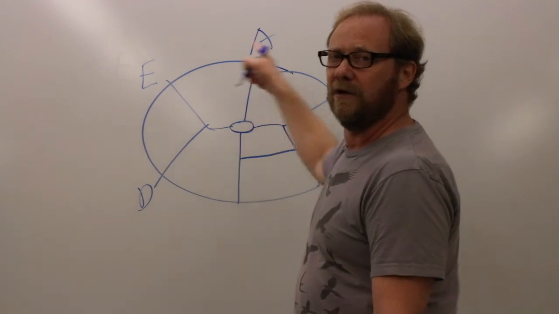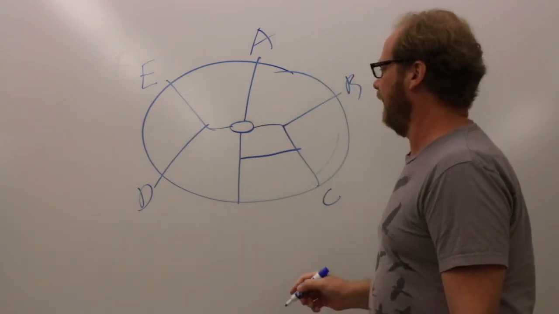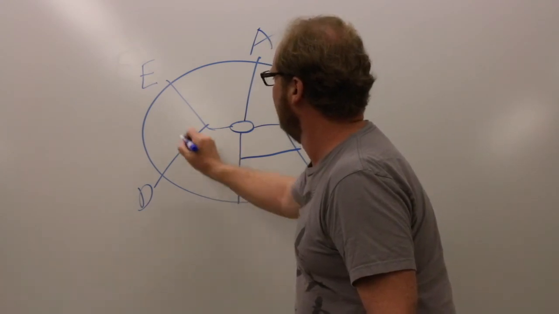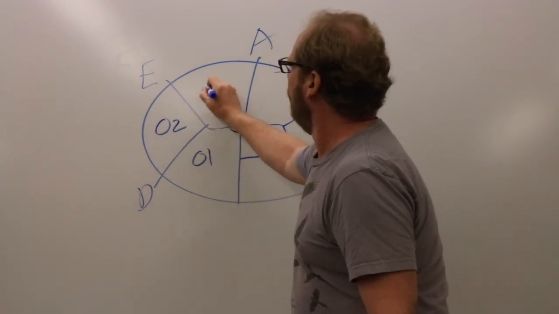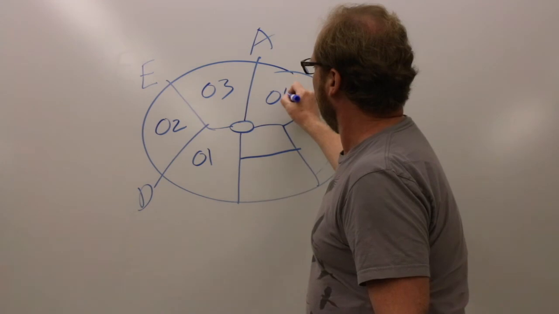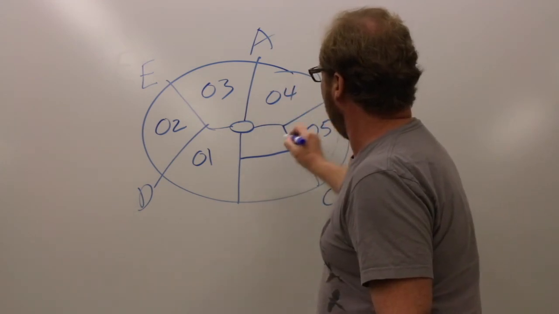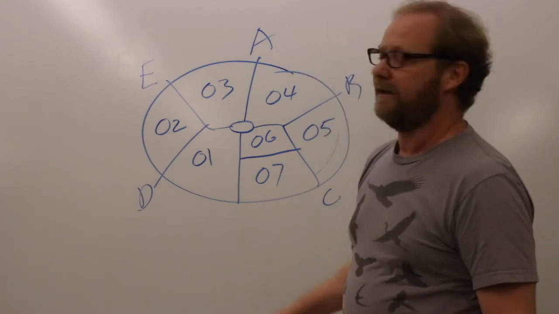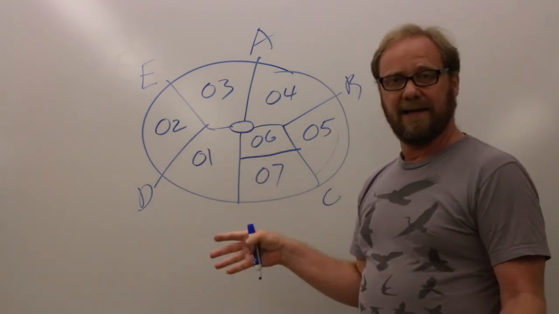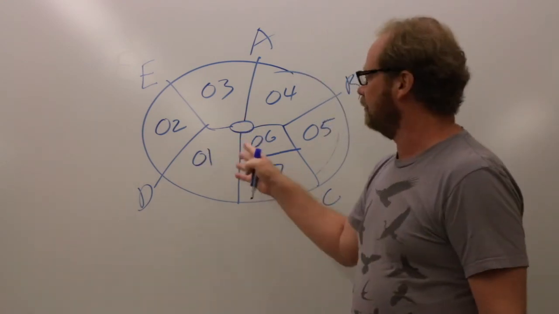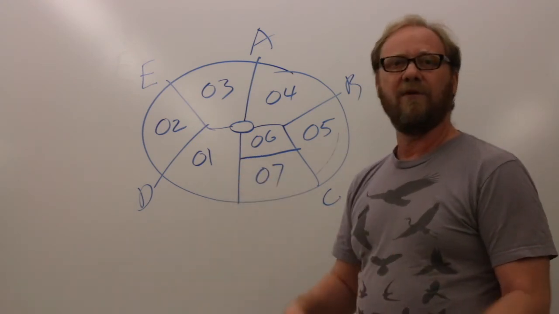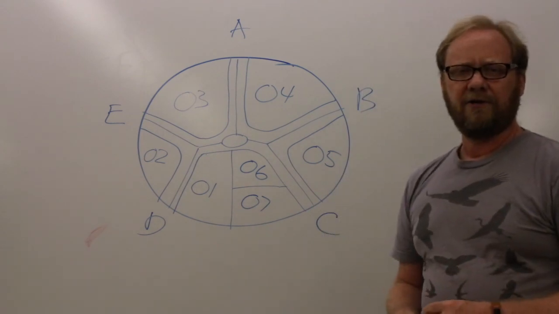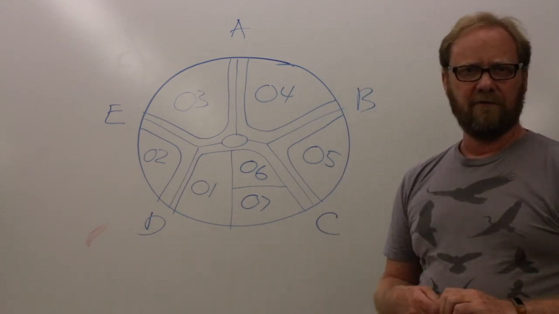And then we simply label the plates in an organized manner. The convention is this is oral 1, oral 2, oral 3, oral 4, oral 5, oral 6, and oral 7. Note that the CD side typically has 3 plates, and those 3 plates are intimately associated with the hydropore and the gonopore.